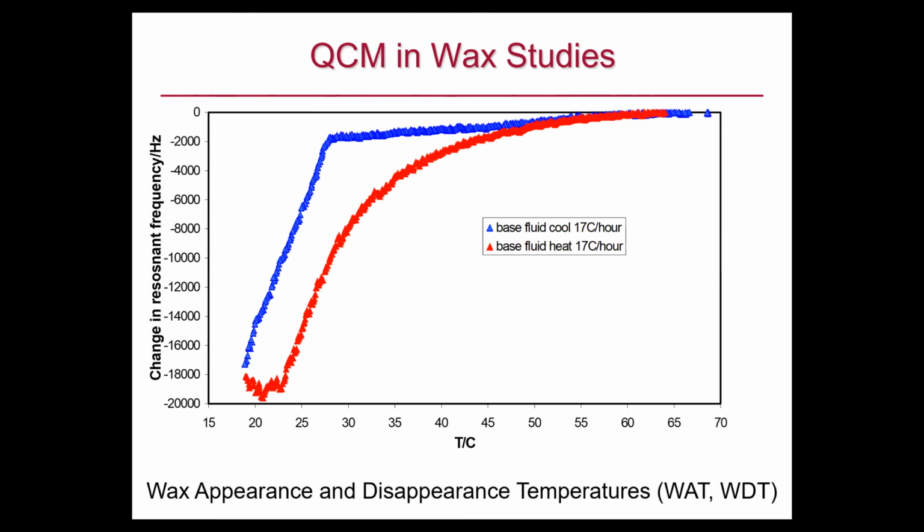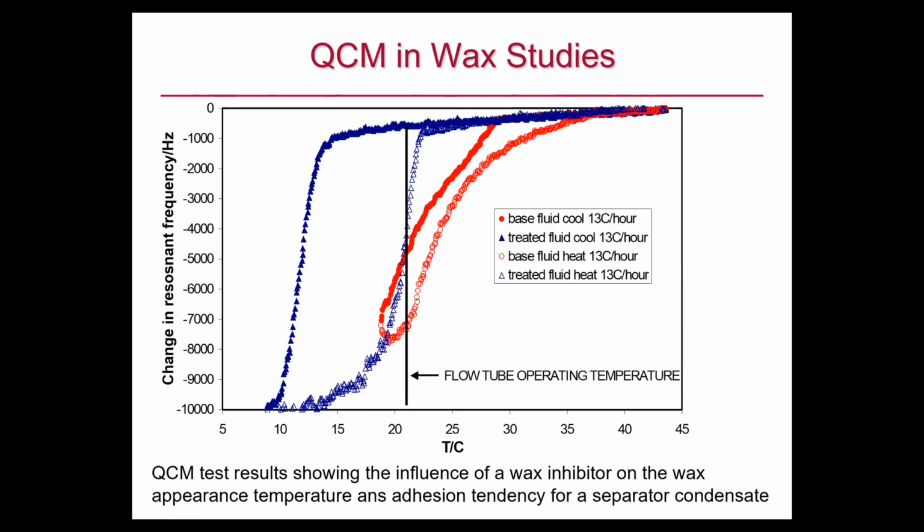And this is the QCM result, quartz crystal microbalance. This is wax appearance, this is wax disappearance. And you can see there can be quite a large difference between them. And this is the effect of inhibitor. This is without inhibitor, where we have to flow above 30 degrees to make sure that we don't have wax blockage, wax formation.